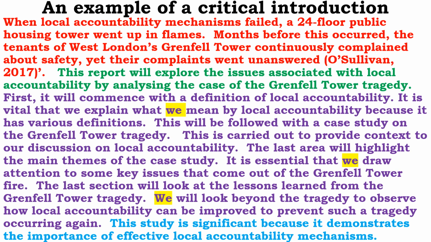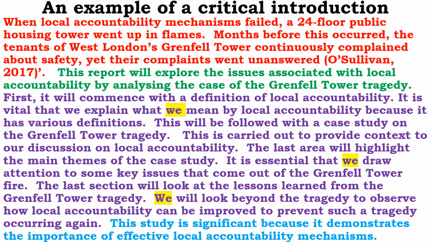Here is an example of all four elements working together in one cohesive paragraph. In red, we have that brief introduction to the topic. In green, we have the thesis statement, the aim of your essay. In purple, we've outlined the essay, explaining what the first, second, and third areas are doing, and we've explained why.